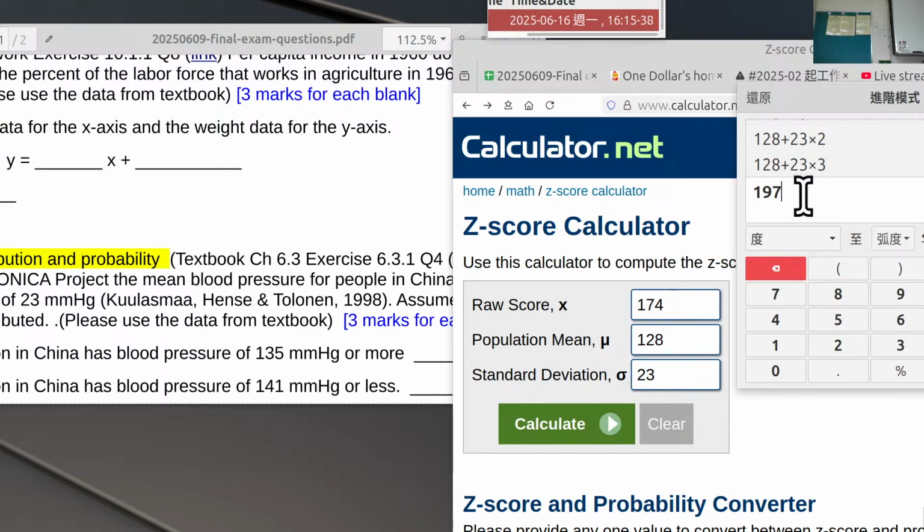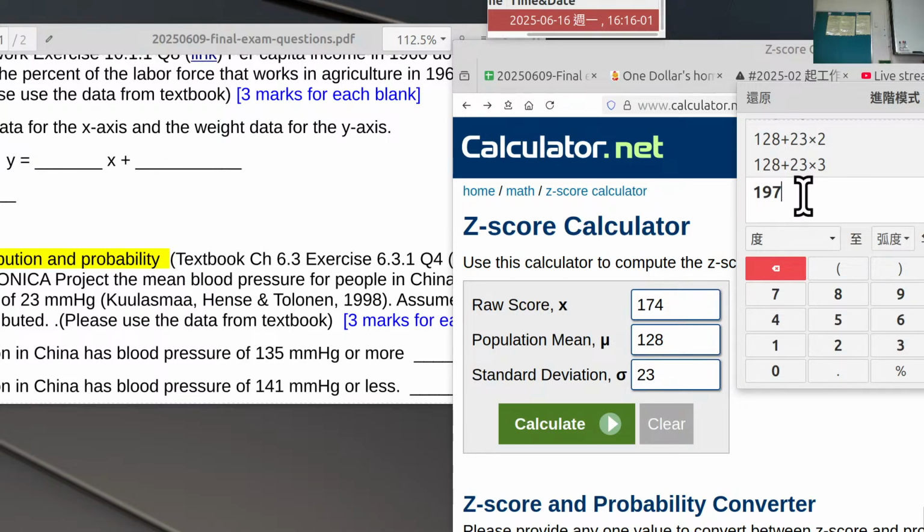So what is the z-score of 197? Three. Why 3? Why?